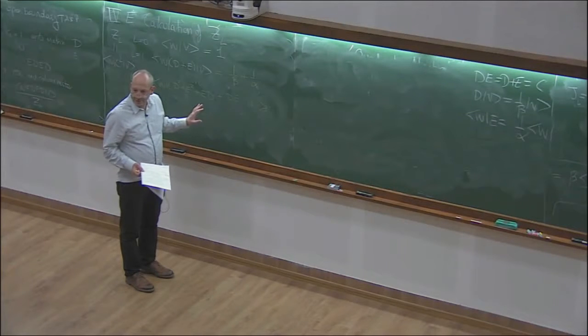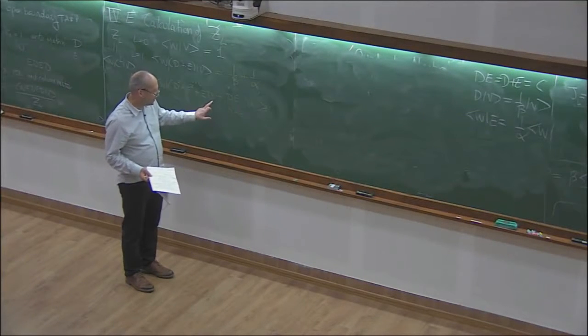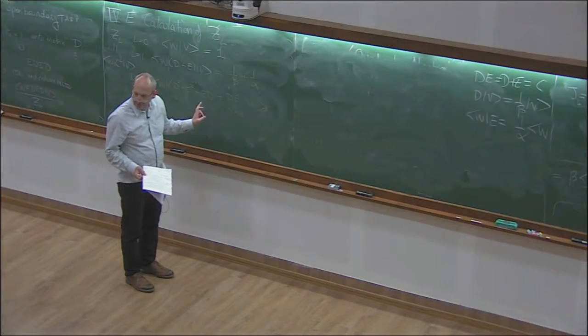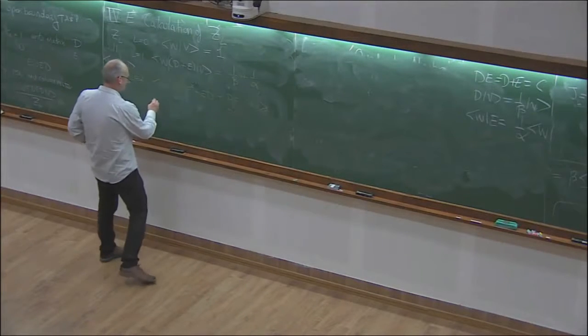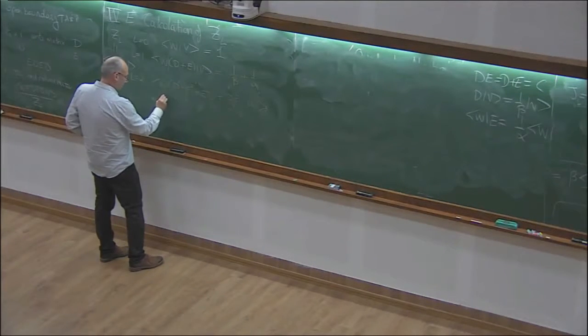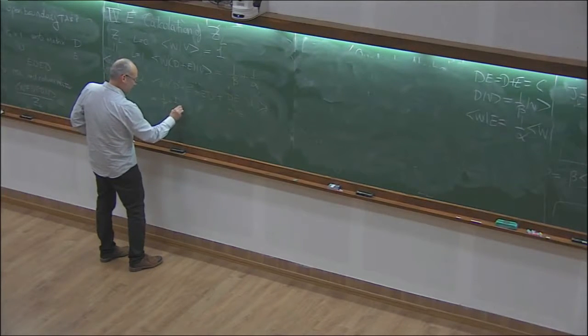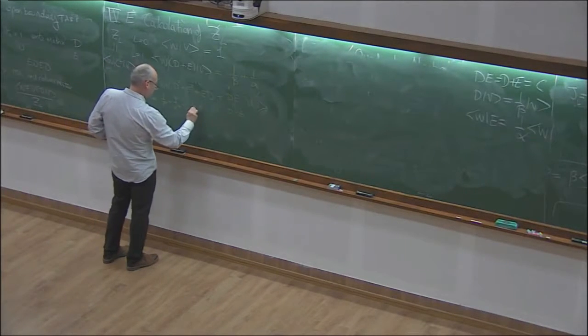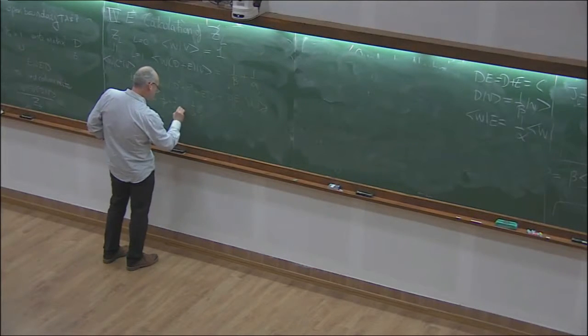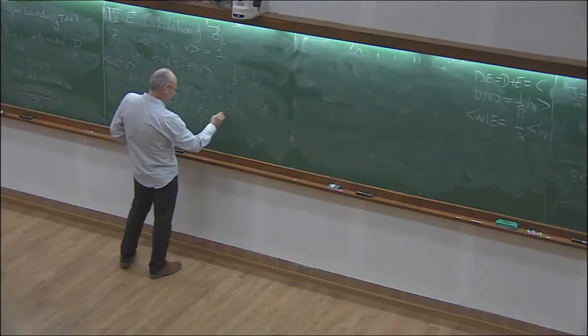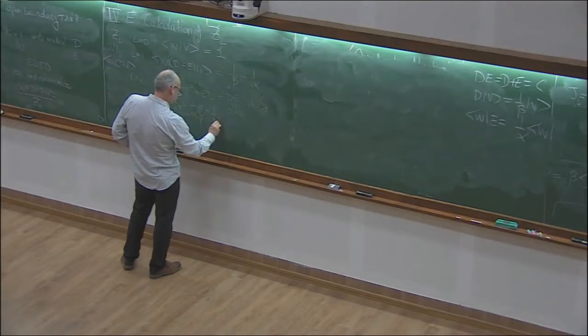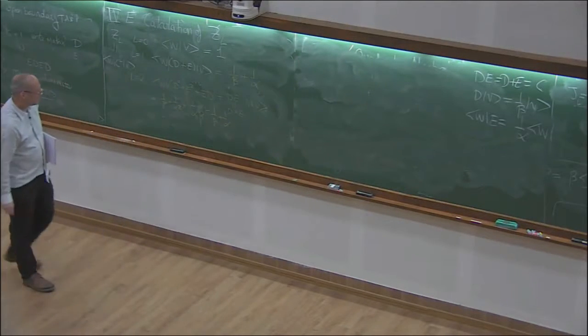They've all got D's on the right and E's on the left. So this becomes 1 over beta squared plus 1 over alpha squared, plus 1 over alpha beta. Then these two give 1 over beta plus 1 over alpha. So you see what's happening.